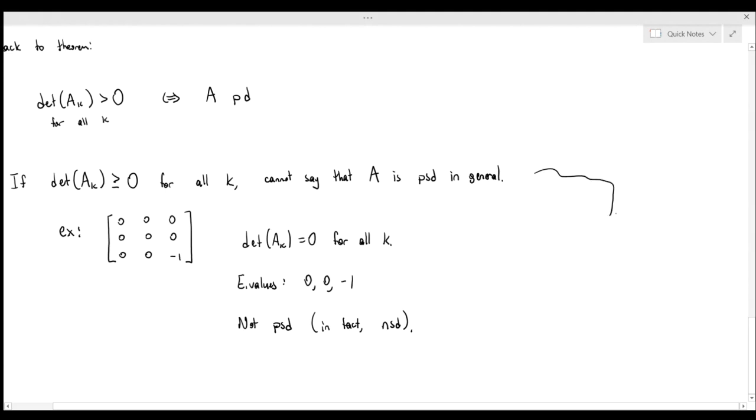So what I said does work for the special case where your matrix is 2 by 2.